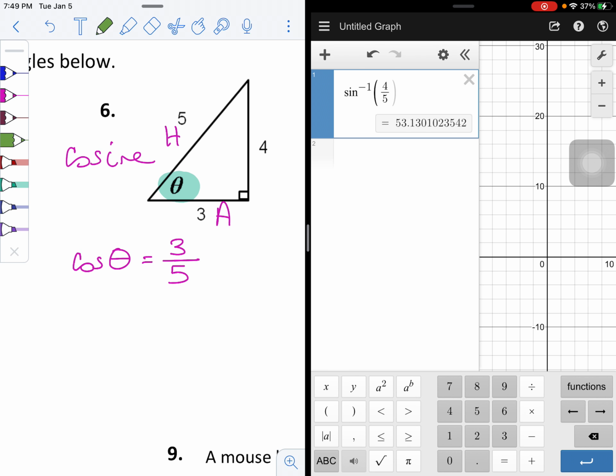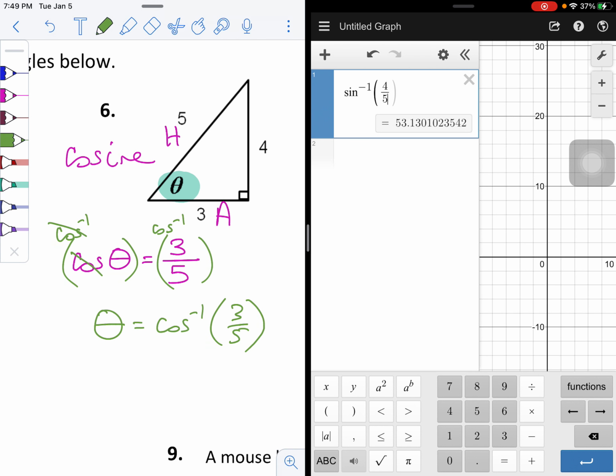And again, everything in math has an opposite operation, an inverse operation. So in this case, it's inverse cosine. Cosine and inverse cosine cancel each other out. Again, that's the whole purpose of using them. So we're left with theta equals the inverse cosine of 3/5.